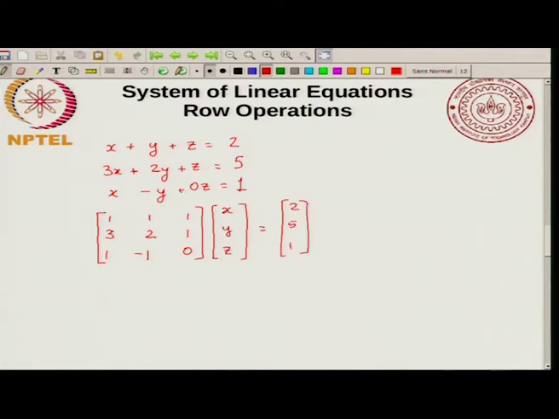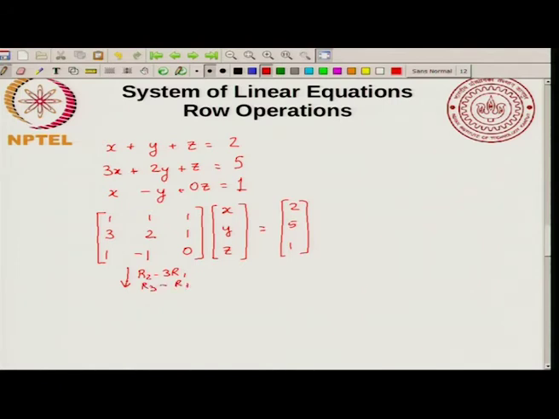I will do a row operation that converts this 3 to 0. So I will do R2 minus 3 R1. Wherever I have R2, I do 3 minus 3 times 1, that is 0. I will do 2 minus 3 times 1, I will get minus 1, and I will do 1 minus 3 times 1, I will get minus 2. In addition, I will do R3 minus R1.